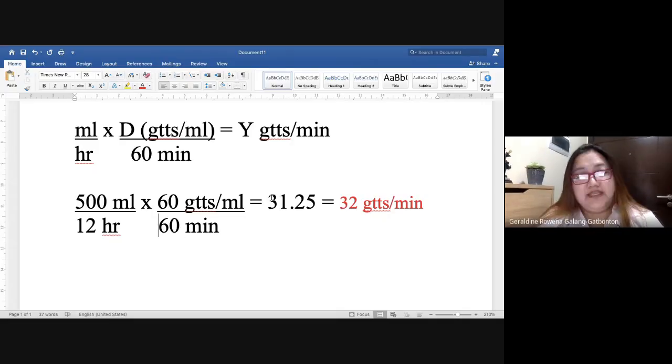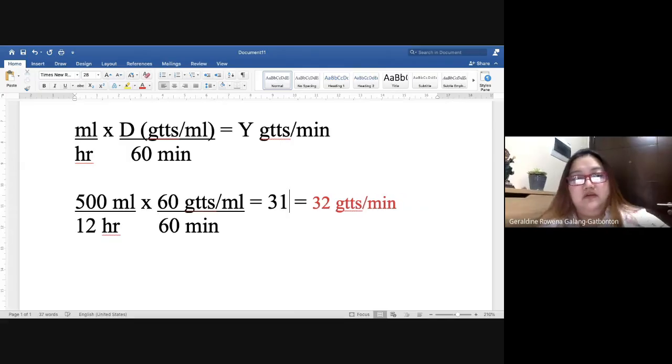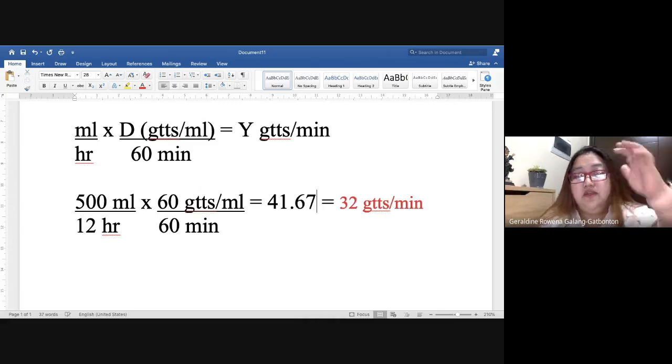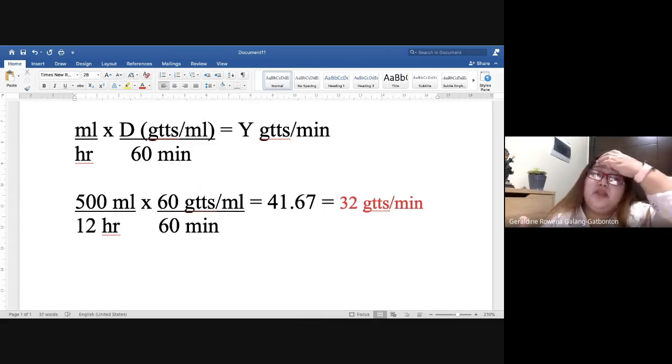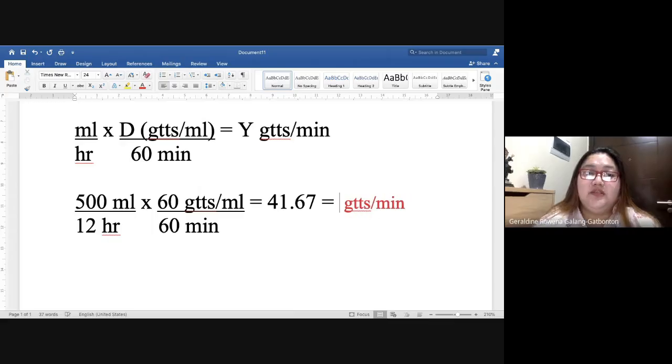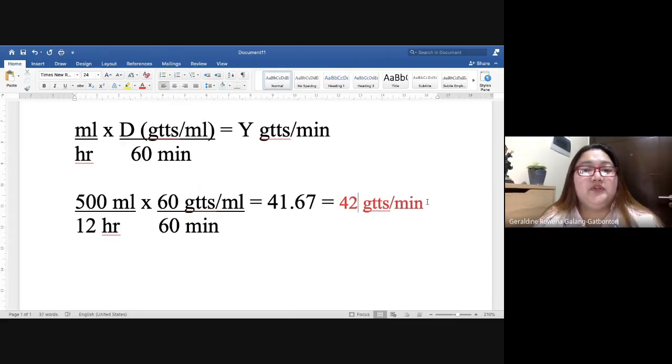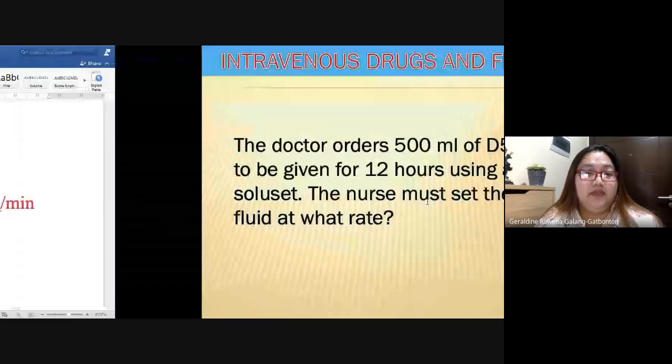So, if the case is like this, the answer is 41.67. You cannot count the 0.67 drop. So your final answer here is round off to whole number, 42 drops per minute. Okay?